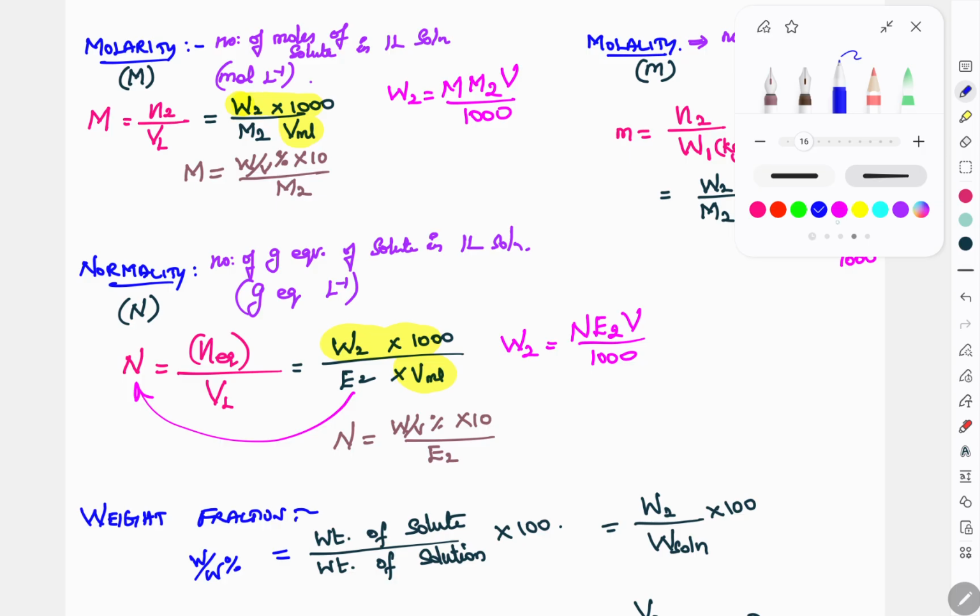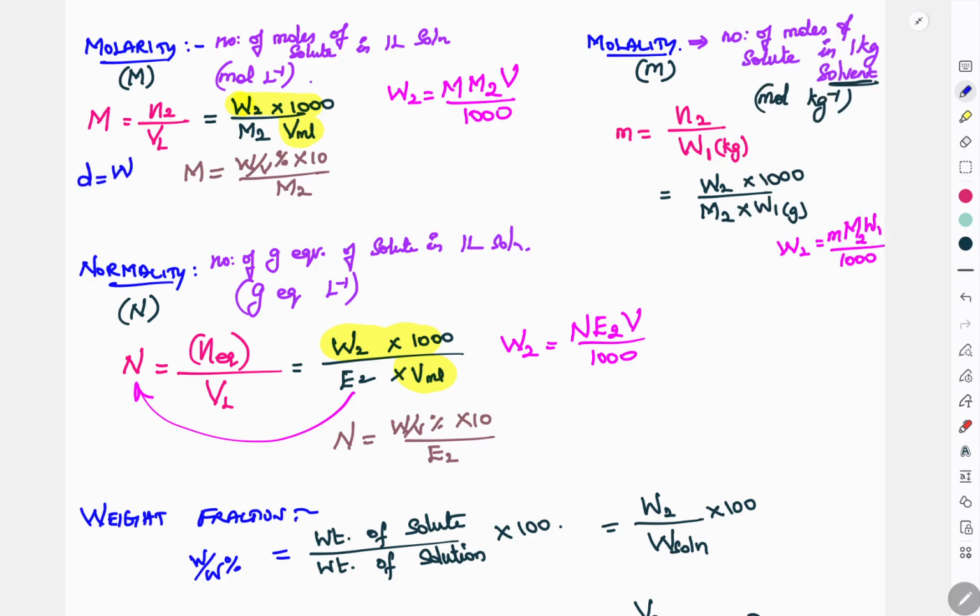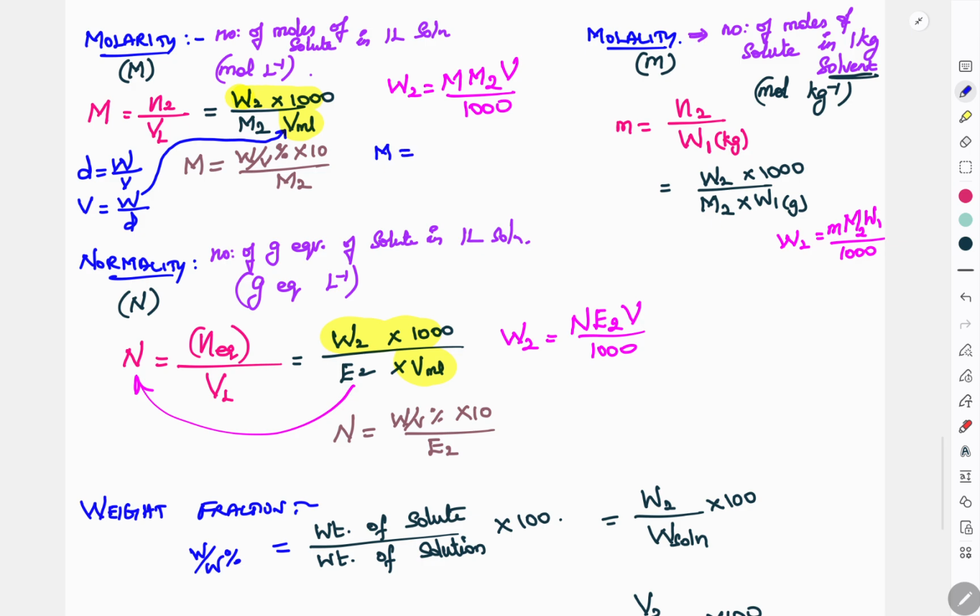Next important thing. What is the formula for density? Sir, density is weight by volume. So volume is weight by density. I am going to use this here. What will be the change? Sir, capital M molarity is equal to W2 into 1000 by M2 into, instead of volume, I can write weight of solution by density of solution.